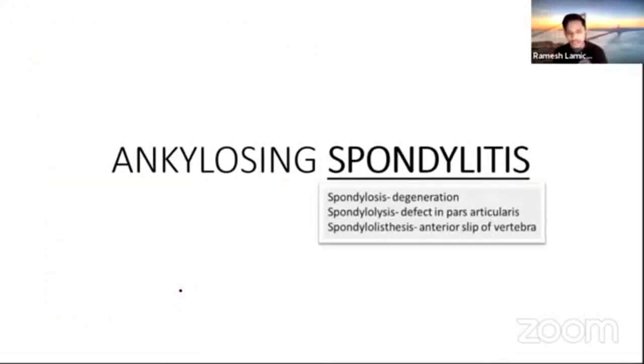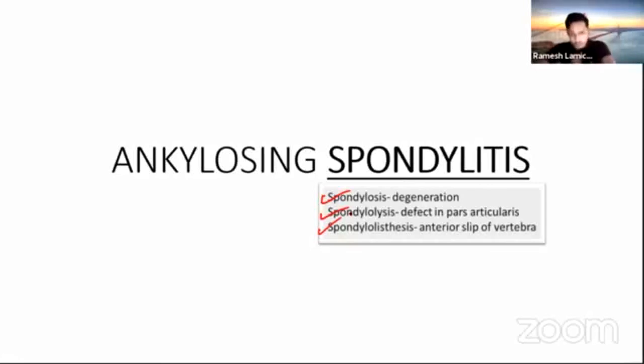এখন আসো ankylosing spondylitis. So what is ankylosing spondylitis? And spondylitis মানে কি? Spondylitis হচ্ছে inflammation, okay? This is the inflammation. And then other similar terms they use are spondylosis, spondylitis, and spondylolisthesis.